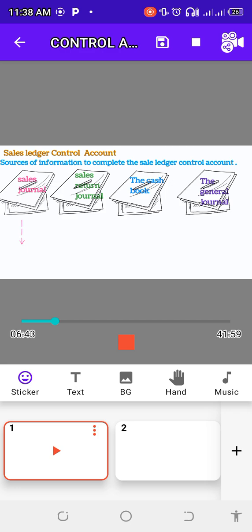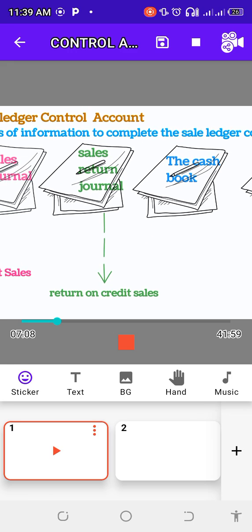Then from the sales return journal, we get information on sales returns, that is returns inward, and it is only returns based on credit sales.